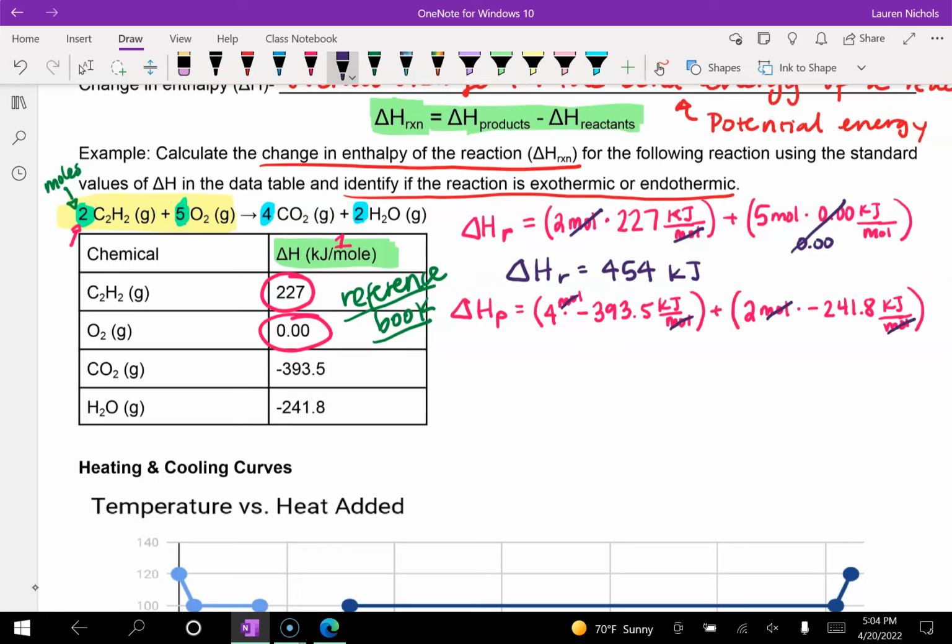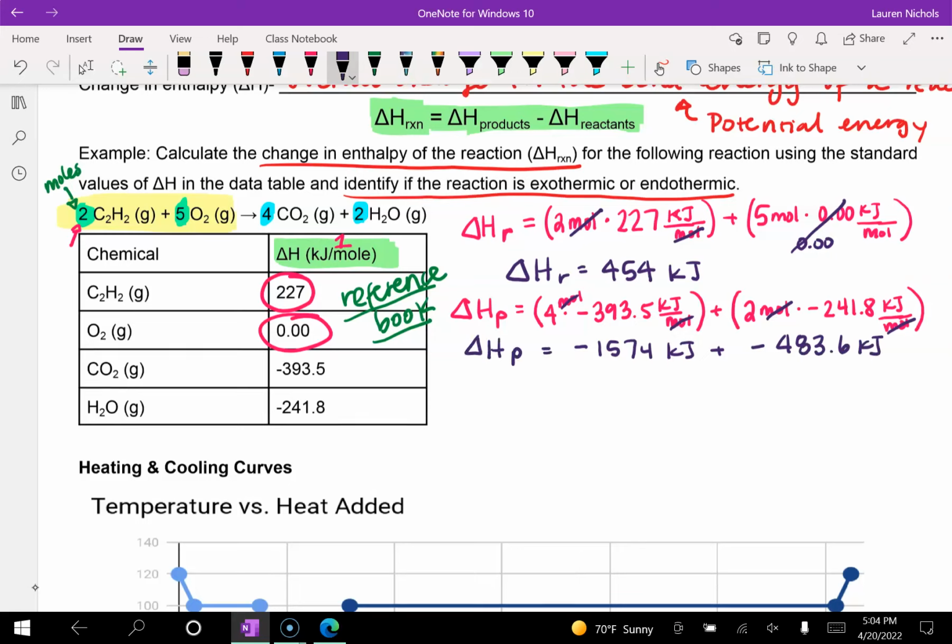4 times negative 393.5 gives me negative 1,574 kilojoules, plus 2 times negative 241.8 is a negative 483.6 kilojoules.